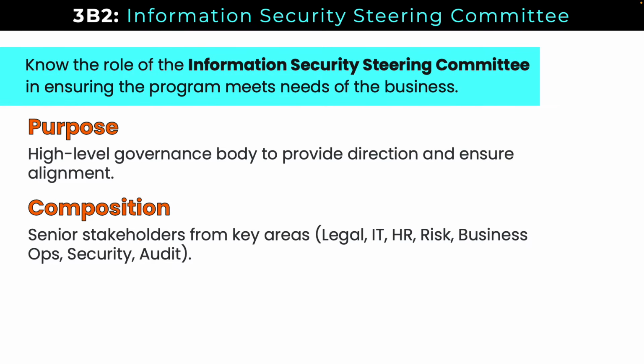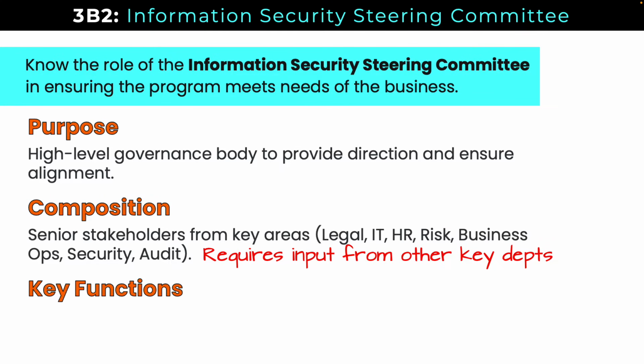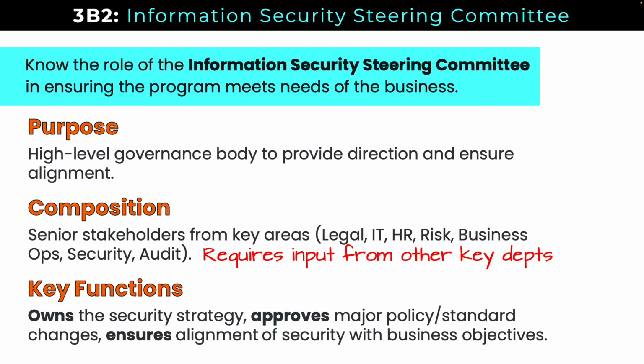You're going to have functions from across the organization. It requires input from other key departments. We're going to have some business process folks in there. But that steering committee owns the security strategy. They would approve typically major policy or standard changes. They ensure alignment of security with business objectives on an ongoing basis.